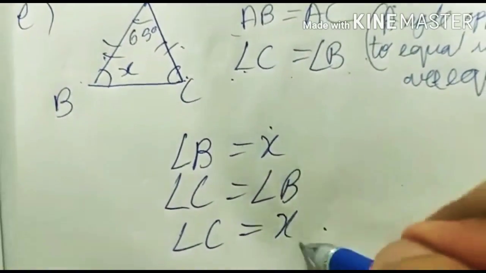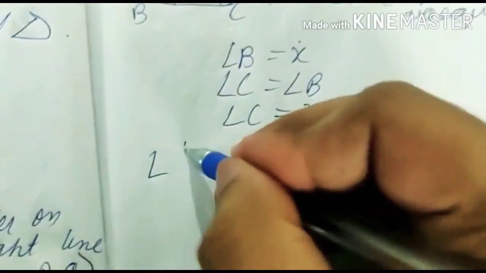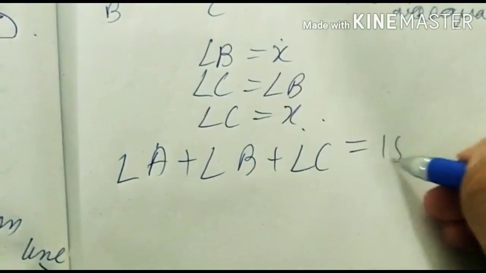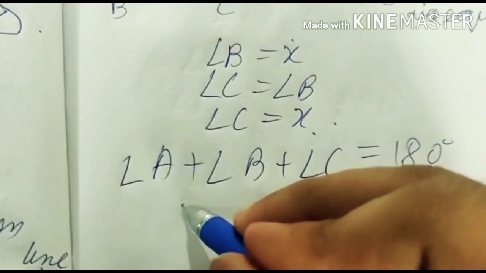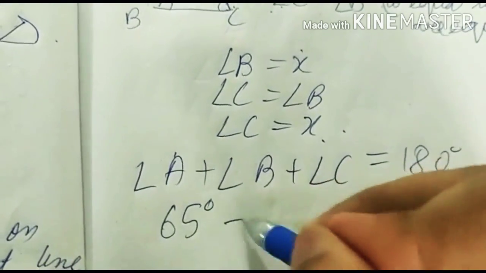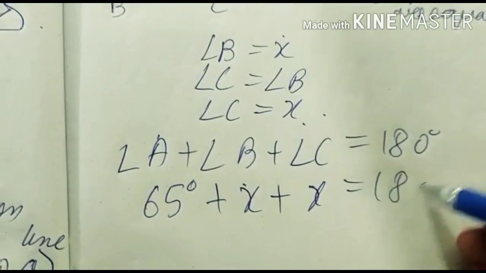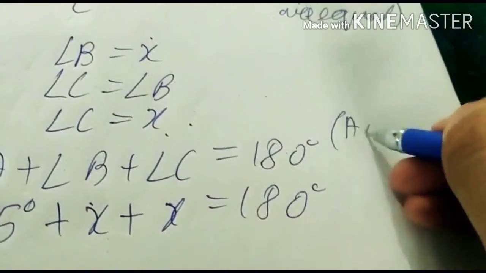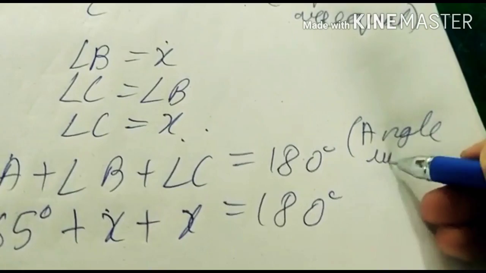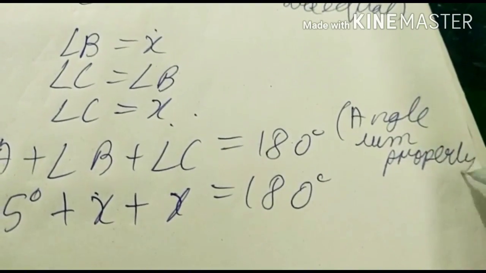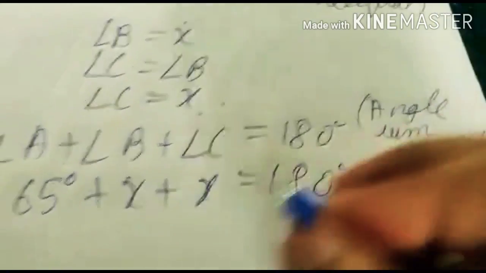So angle B is x, angle C is x, and in a triangle, angle A plus angle B plus angle C is always 180 degrees. So here angle A is 65 degrees, angle B is x and angle C is x, equal to 180 degrees. This is the angle sum property, that is, the sum of all the interior angles of a triangle is 180 degrees.